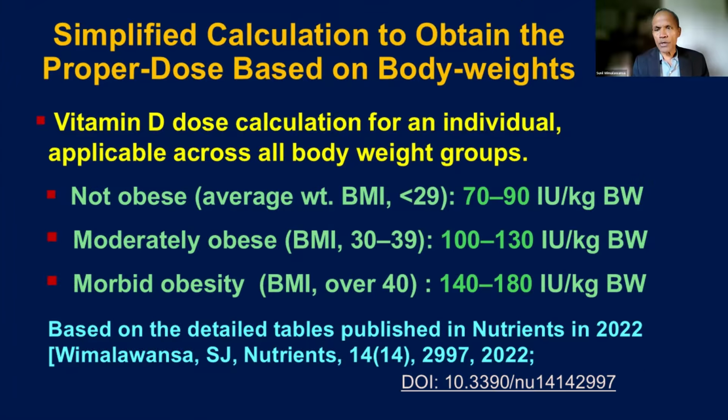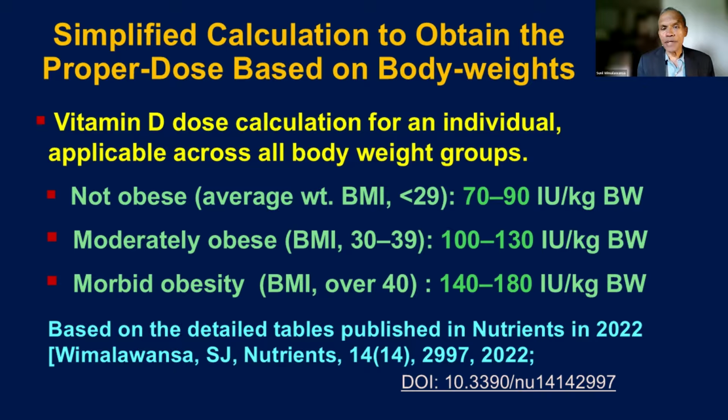So the easiest way to calculate this is with these three tiers. A non-obese average adult requires about 70 to 90 international units per kilogram body weight. Whereas for moderately obese, with a BMI of 30 to 39, it increases to 100 to 130 international units per kilogram body weight.